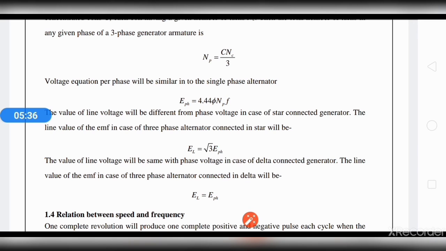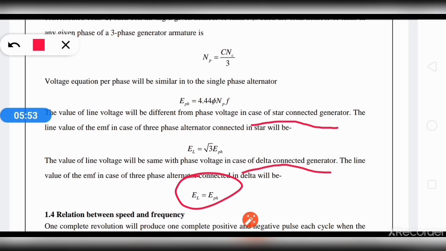The line induced EMF will become root 3 multiplied by the phase EMF for star connection, and for delta connection the value of EMF per phase will be the same as the line voltage or line induced EMF.